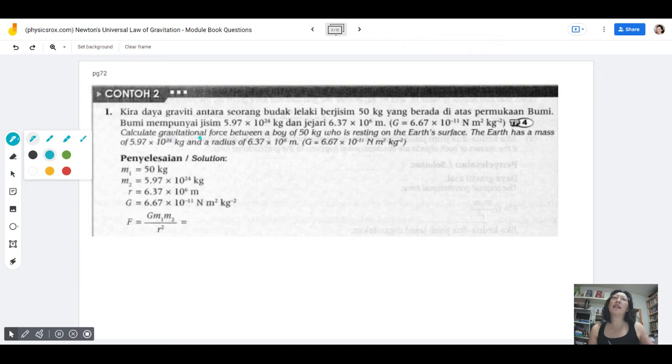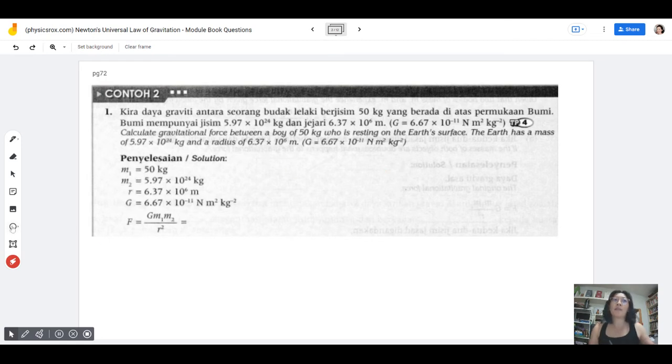Right, we want to calculate the gravitational force, and of course, if you have learned this topic already, you know that to calculate the gravitational force, you need to use a formula of F equals G m1 m2 over r squared, where G is a gravitational constant, m1 and m2 are the masses of the objects which you are calculating the force between. In this case, m1 and m2 would refer to the mass of the buoy and mass of the Earth. R would be the distance between the centers of both objects.